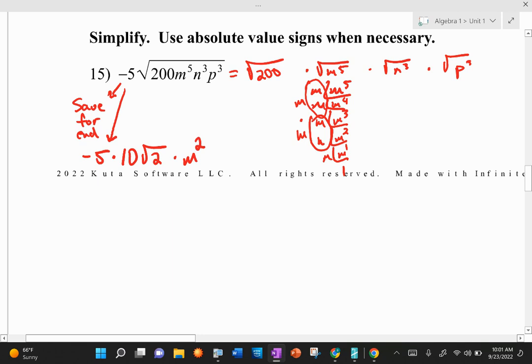So then you'd have m squared. How many m's do you have left over? Just 1. So that m goes on the inside.